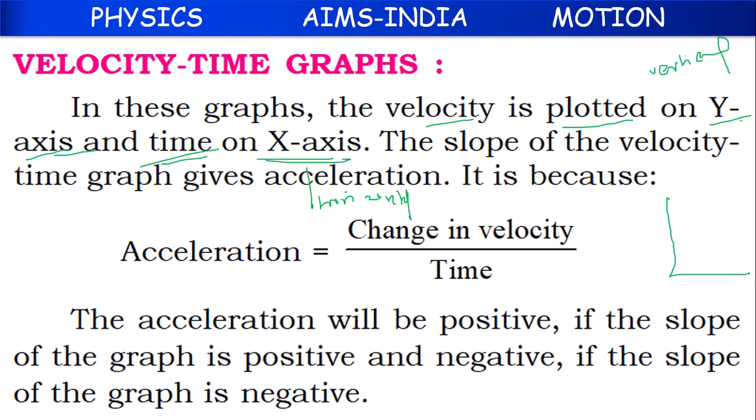So if you take the coordinate axes, x-axis and y-axis, this is the origin. The velocity vector is taken on the y-axis and the time scalar is taken on the x-axis.